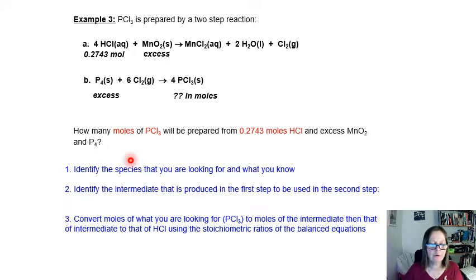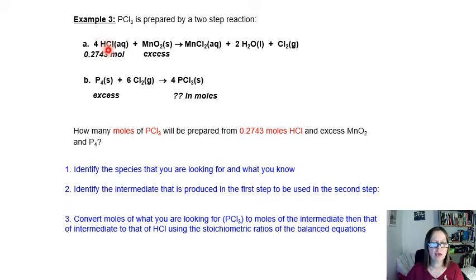First, we identify what we're looking for. Here it is phosphorus trichloride, and what we know is the HCl. Then we identify the intermediate that is produced in the first step of the reaction to be used in the second step of the reaction.